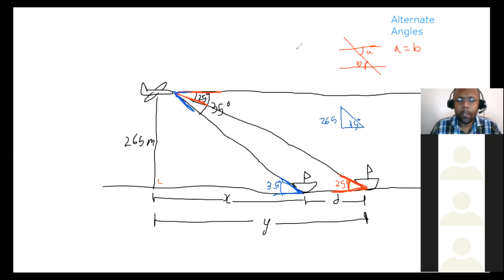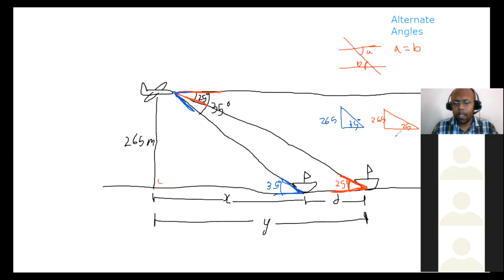And then we have this other triangle, same height, but a little bit longer, and it has 25 degrees. But it's also 265.